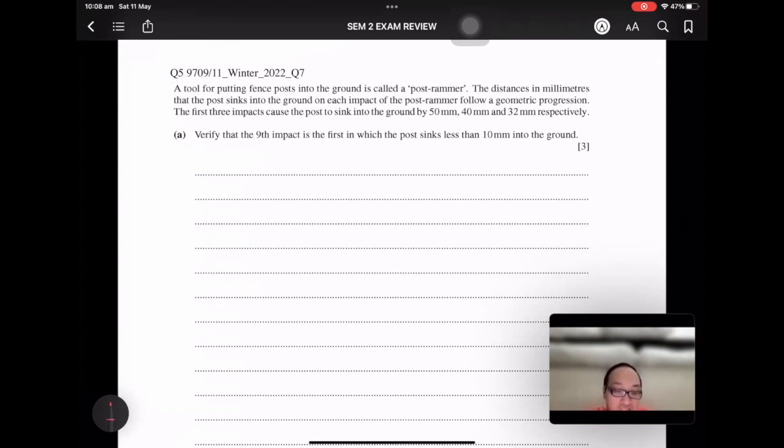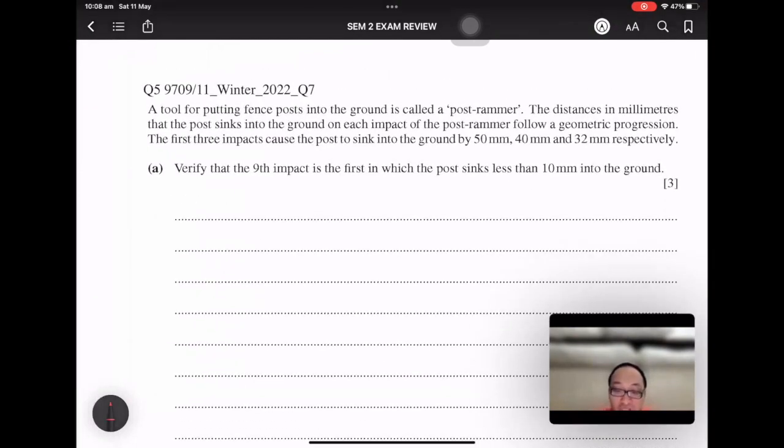The first three impacts cause the post to sink into the ground by 50, 40, and 32 millimeters respectively. Verify that the ninth impact is the first in which the post sinks less than 10 millimeters into the ground. So from here, this is a geometric progression.